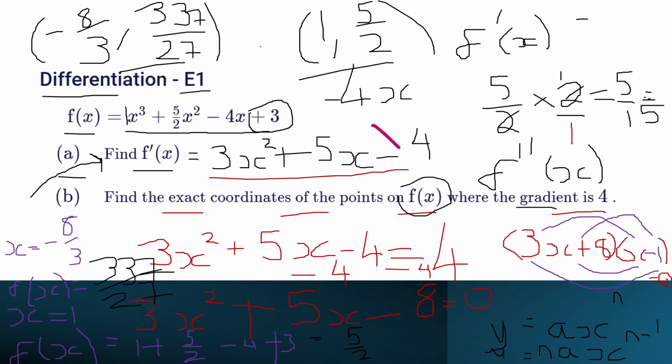I'll put that as y dash here to save time. But yes, dy by dx or y dash or f primed, this is a notation for finding the first derivative of our function in terms of x to the power of n, or ax to the n.